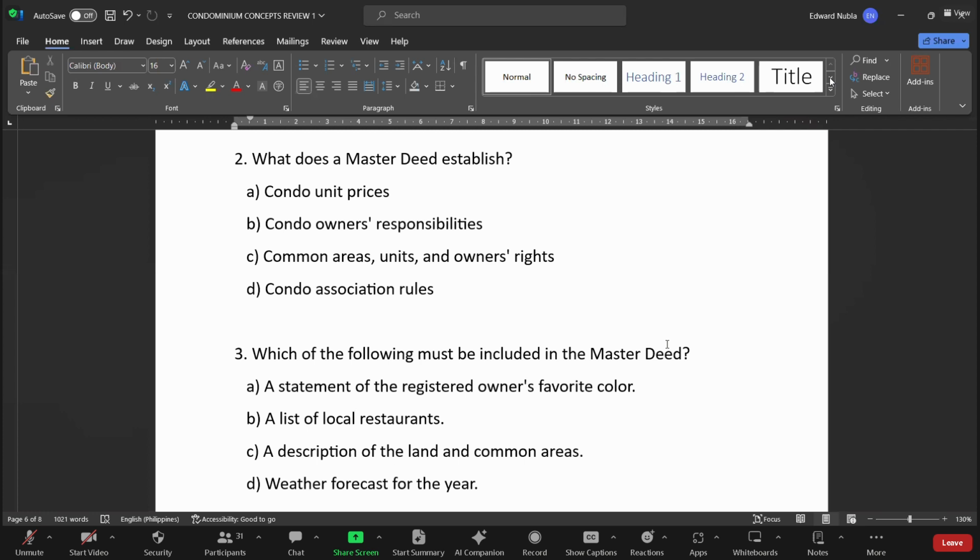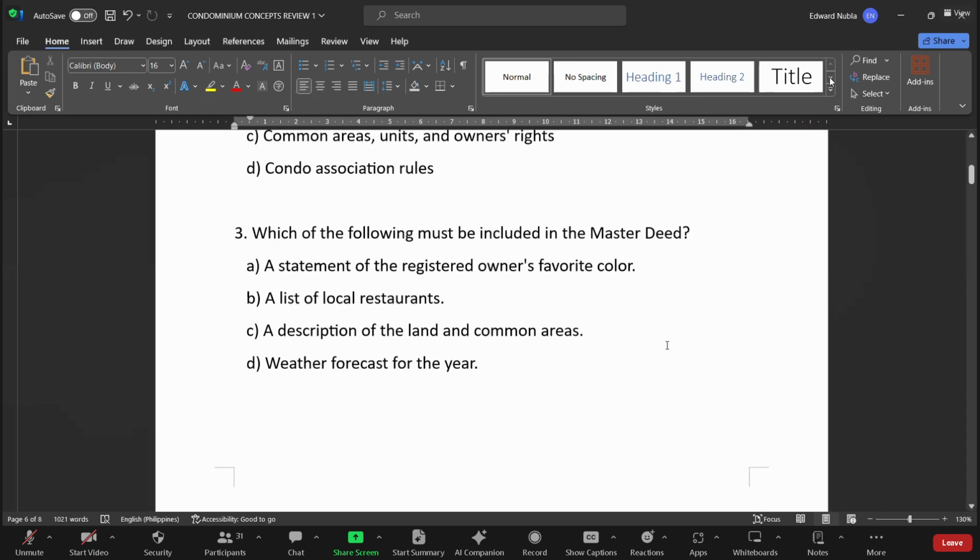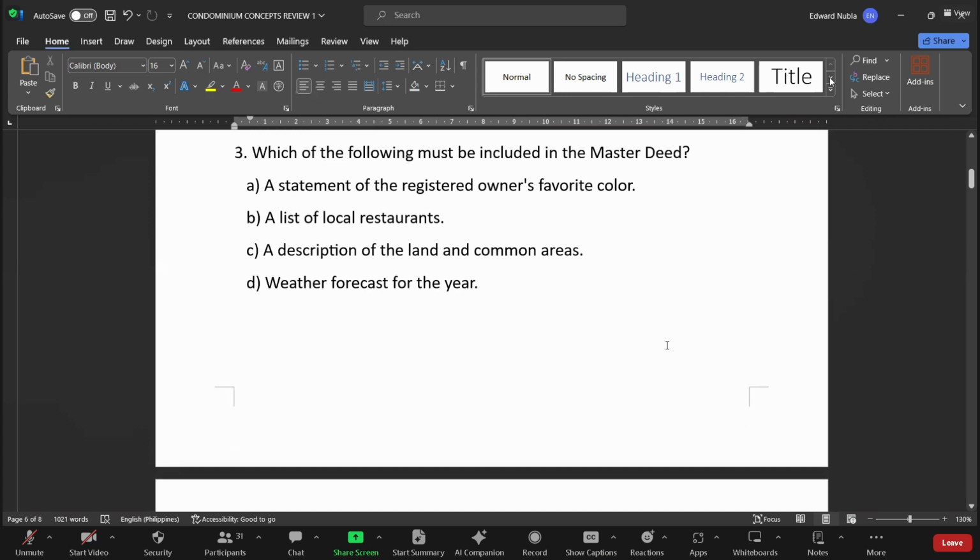A statement of the registered owner's favorite color, a list of local restaurants, a description of land and common areas, or a weather forecast for the year. Everyone's done. Number three.